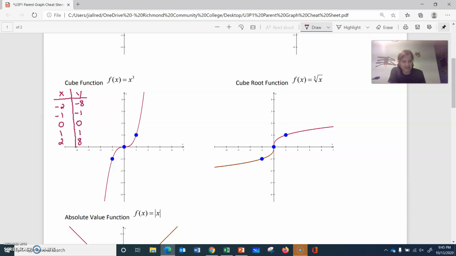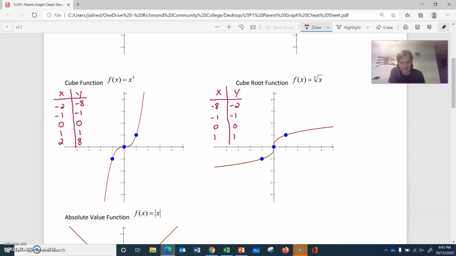Refer back to these parent functions and what we're going to do a little bit later. The next one is the cube root function. I'm just going to basically turn around the x and y chart I just made for the cube. I'm going to plug in the common things here. So the cube root of -8 is -2. Cube root of -1 is -1. Cube root of 0 is 0.